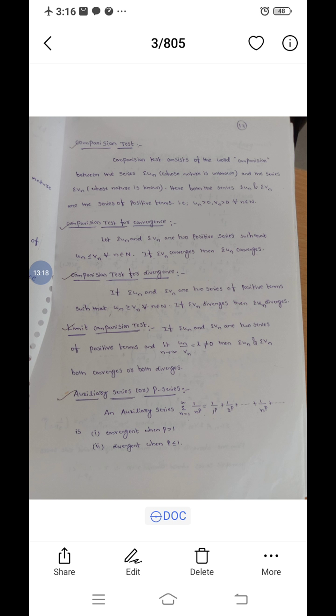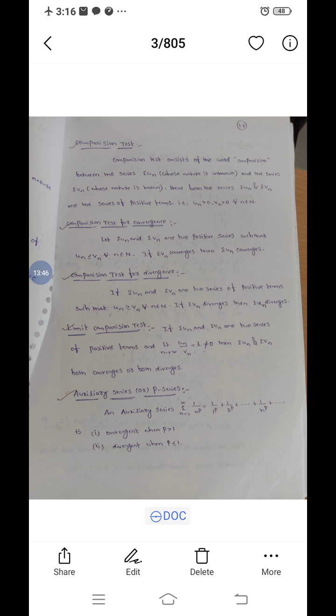If summation Un and summation Vn are two series of positive terms, and if limit n tends to infinity Un by Vn is equal to some L, which is clearly not equal to 0, then the nature of the series Un and Vn will be the same. Both summation Un and Vn converge, or both can diverge.